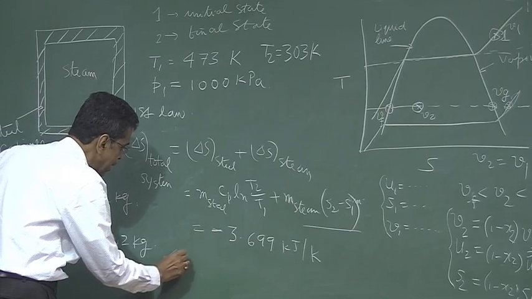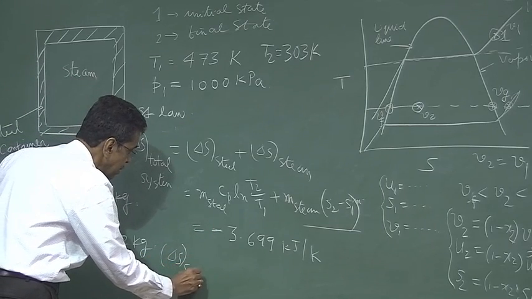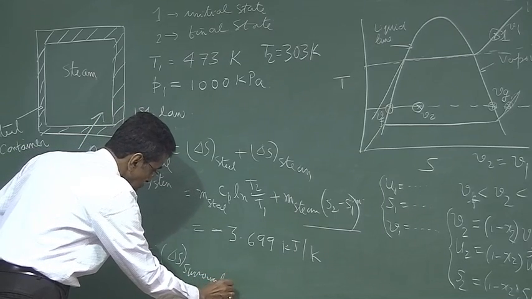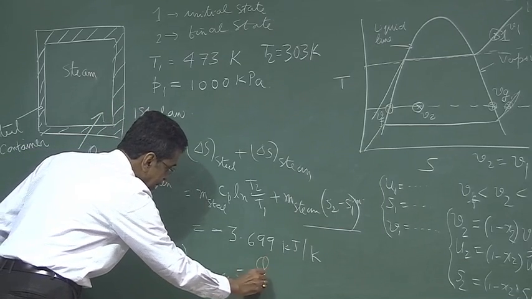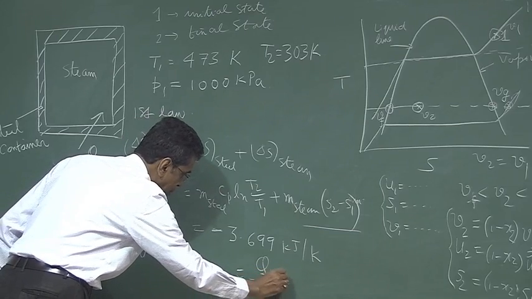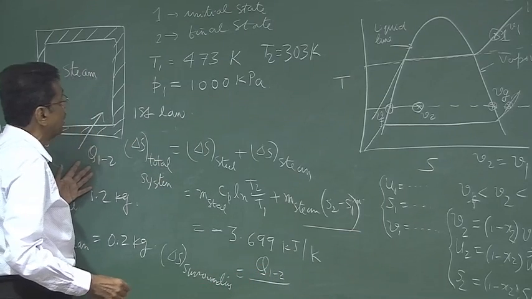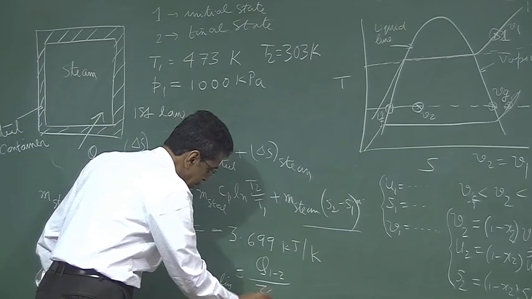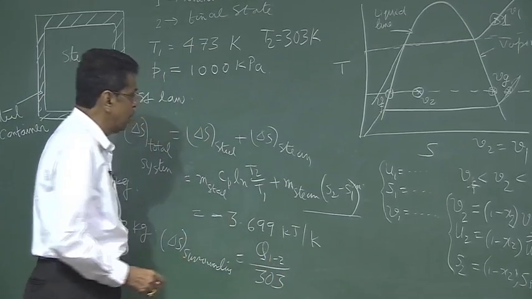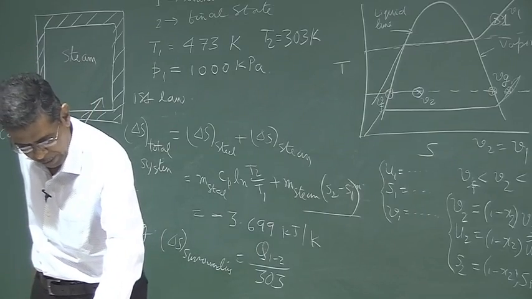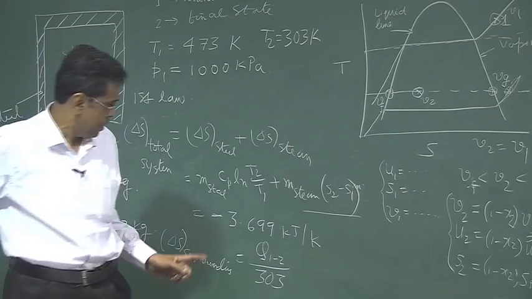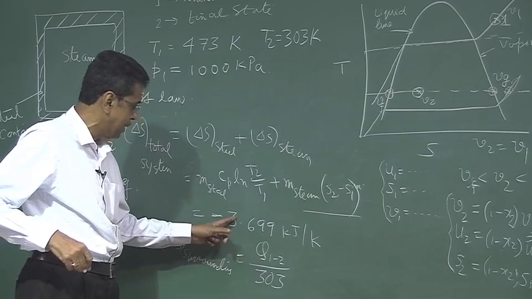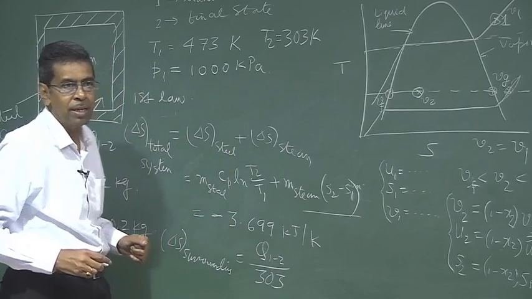If you find out delta S surrounding, then you have to find out that this heat that is rejected, that is Q12, is received by the surrounding, divided by the surrounding temperature, that is 30 degrees Celsius, 303. The value of Q12 which I got earlier, 1434.8, is with plus sign because surrounding is taken. So this quantity minus this quantity is always positive, you do it, left as an exercise.